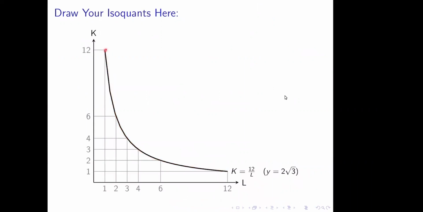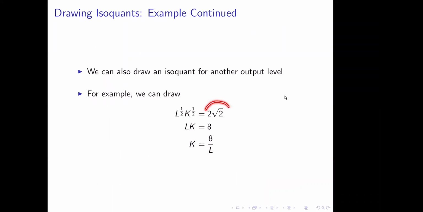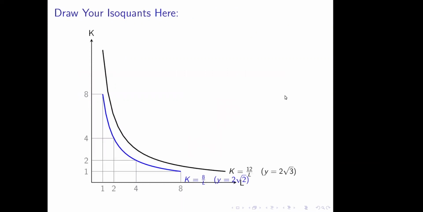isoquant. So with this input mix, 1 and 12, or 2 and 6, or 6 and 2 of this input mix will yield this much output. And if we change the amount of output, let's say decrease it to 2 times square root of 2 instead, then we have a different isoquant curve, with a different slope, but in the same shape, and it's going to be located below the first isoquant.